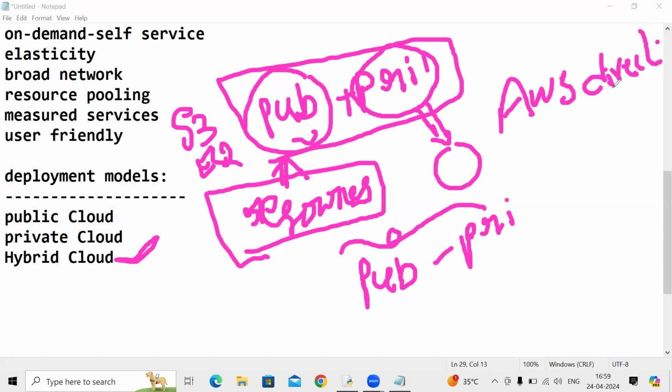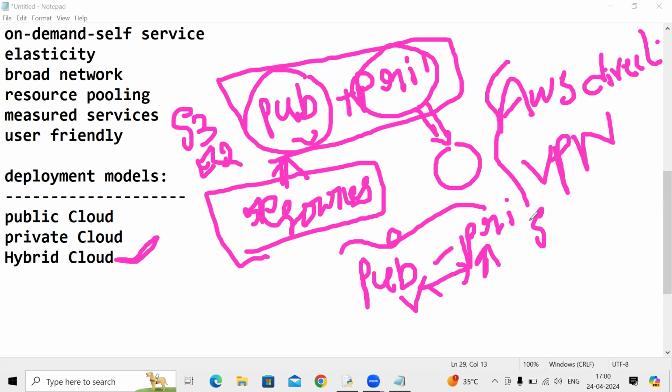AWS Direct Connect is nothing but you can lay the cables from the public cloud to your organization's private cloud. Then you can communicate from public to private and private to public. You can also use a VPN connection, a site-to-site VPN, to connect from public to private.